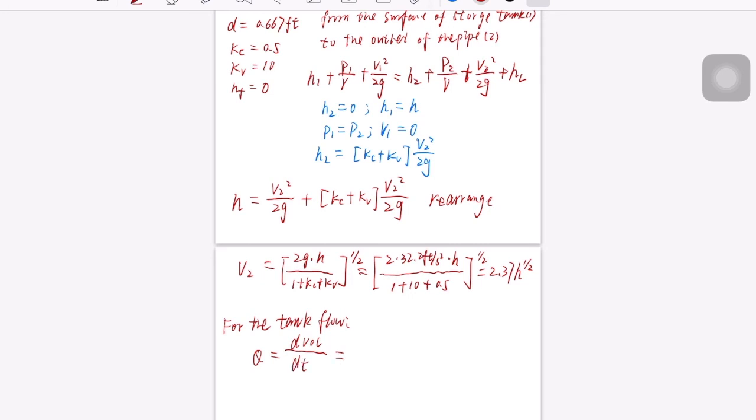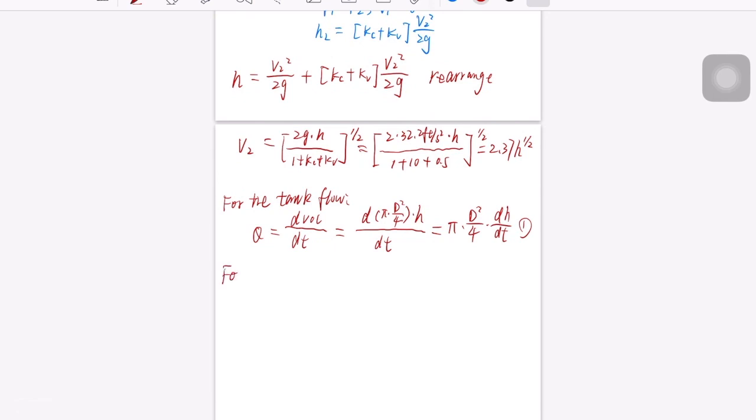So we write Q equals pi times D squared over 4 times dH by dt. So this is equation 1.